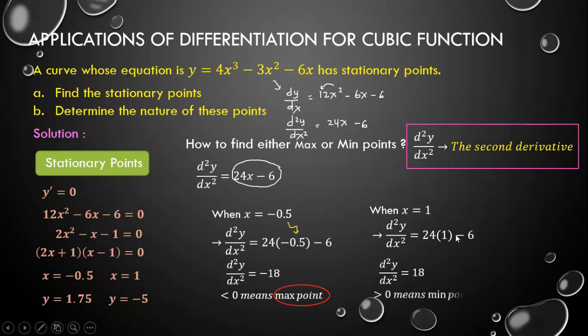The conclusion is that the value of d2y over dx squared when x equals 1 is 18, which is more than 0. When the value is more than 0, we call that a minimum point. Is it clear to everyone how to find either maximum or minimum points for a cubic function? Very good.